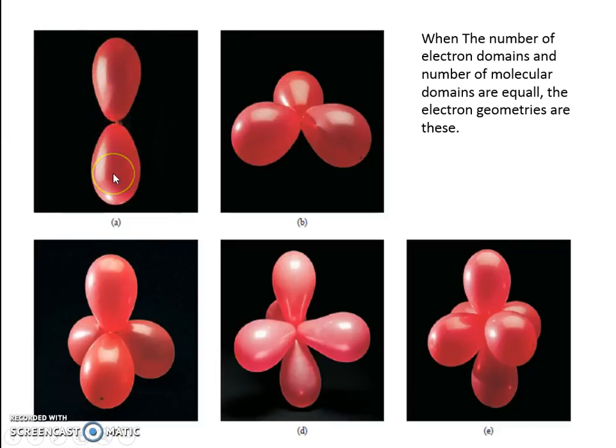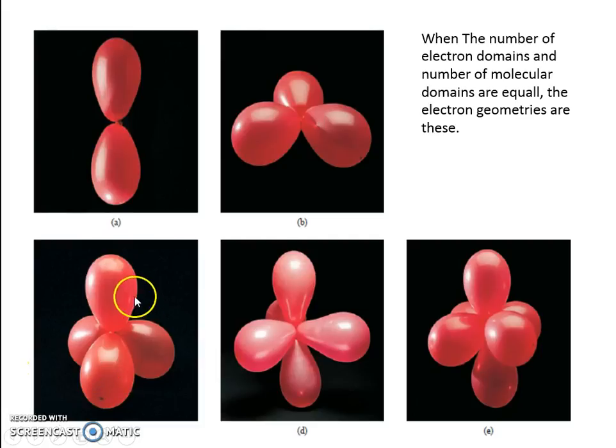So it will be a linear molecule, and the distribution of this in space will be with an angle of 180 degrees. In the second case, we have an AB3 molecule with 3 electron domains. This is named trigonal planar.